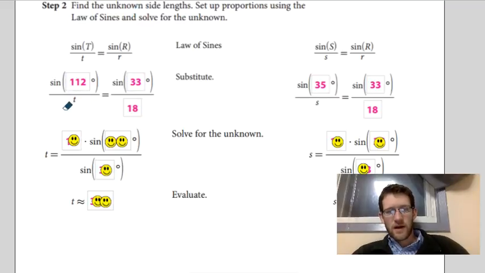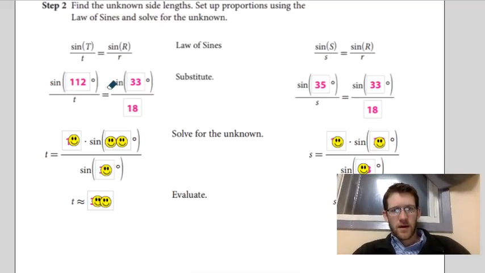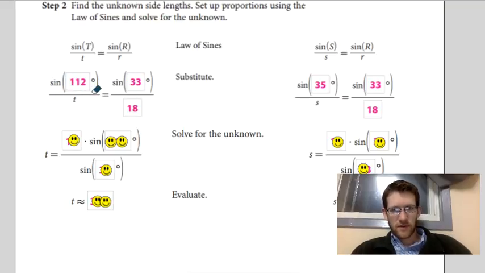Again, as a reminder, algebraically, since it's in the denominator, it's going to be a couple steps. You can multiply both sides by t, and then divide both sides by the sine of 33 and multiply both sides by 18. Or you can cross multiply and then divide both sides by the sine of 33. Or you can flip both sides and then multiply both sides by the sine of 112.